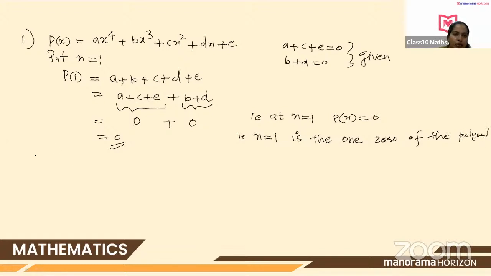Okay. So now put x is equal to minus 1. Then p of minus 1. What is p of minus 1 here?